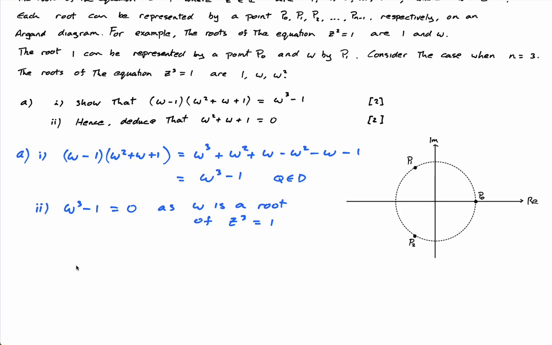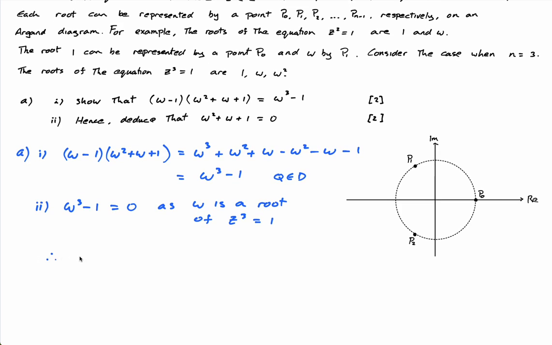So this equals 0. Therefore omega minus 1 times omega squared plus omega plus 1 has to equal 0. And we know that omega is not equal to 1 because the roots are 1, omega and omega squared. 1 is already one of the roots, so omega is not equal to 1.